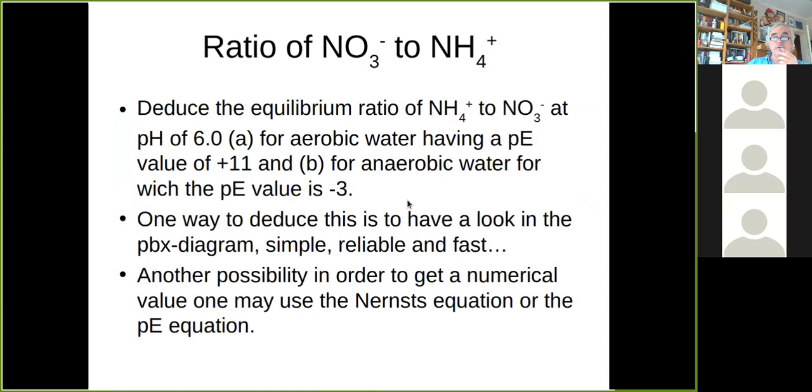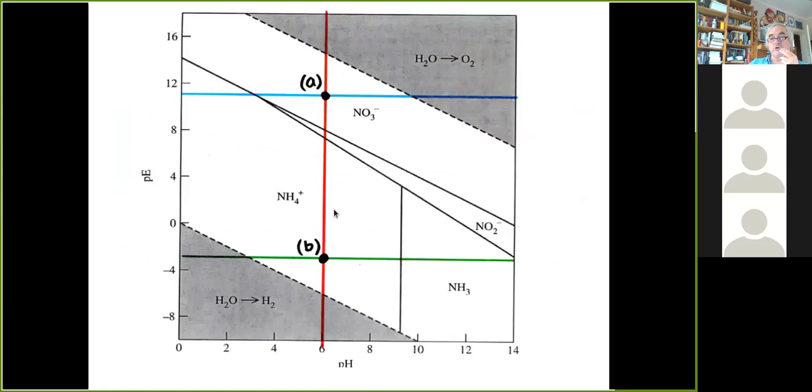So if you want to calculate the ratio of nitrate to ammonium, for example, at the 2 points here, then I think you can't do it with this diagram, except that you can predict that in point A, the majority of the nitrogen containing species would be nitrate.